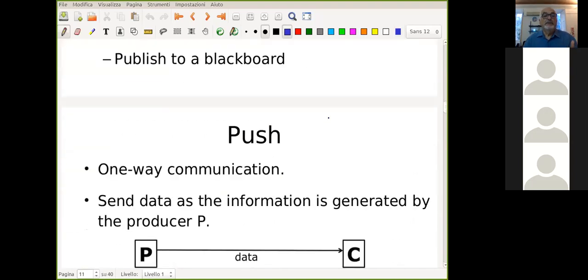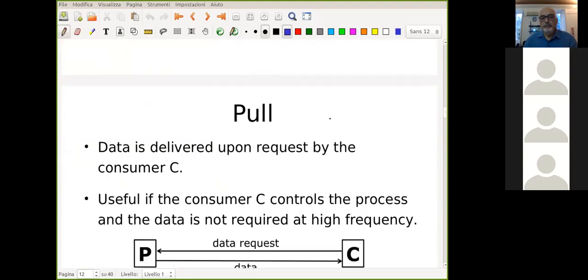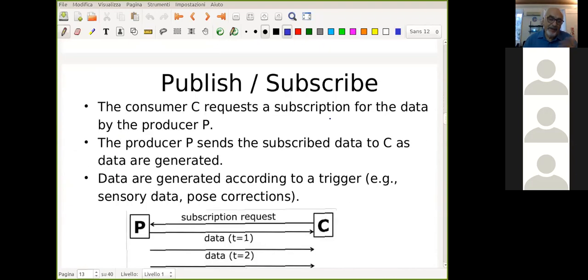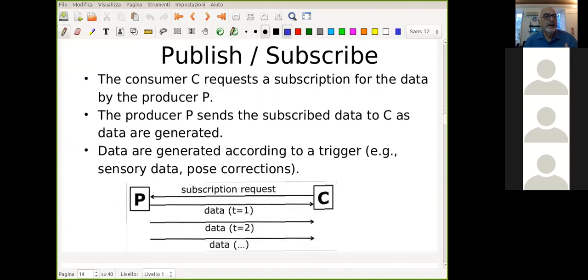Forms of communication: push, pull, the famous publish-subscribe, not available in POSIX, but very common in many infrastructures, also for distributed programming in the network. So it's not strictly related or reduced to robotics. It's not a robotic concept, but it's very widely used in robotics.